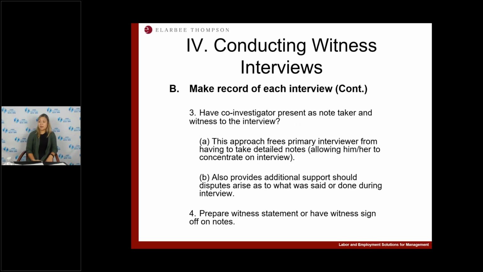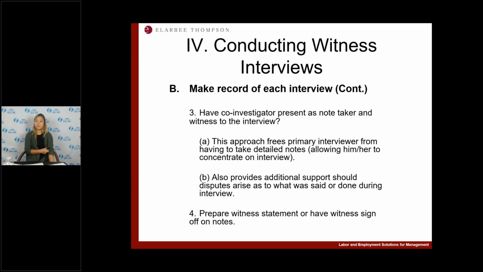And then the other option, though, is to have a co-investigator. Maybe one person takes notes and one person asks the questions, or maybe you both take notes and you confer at the end and hope that between the two of you, you've got everything. Both of those can help make sure that you have an accurate record of the interview.